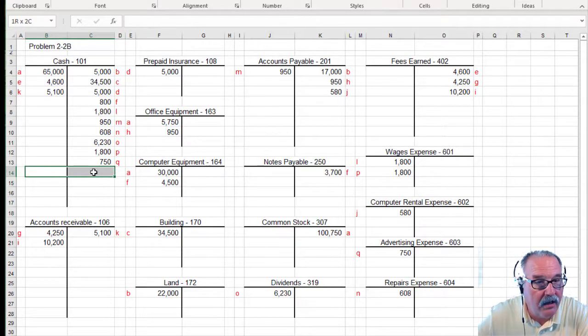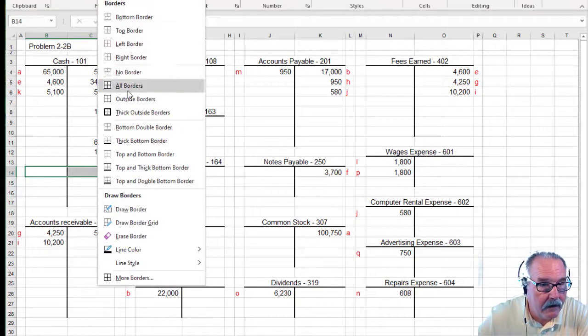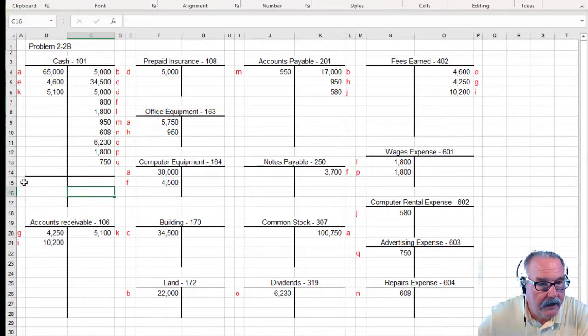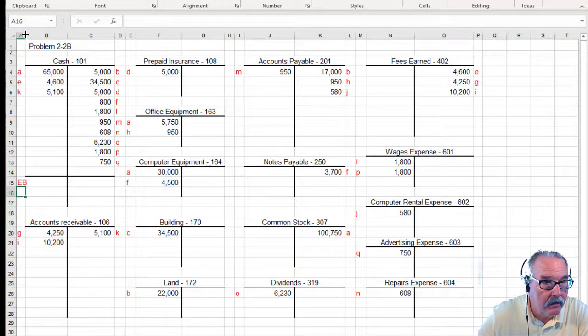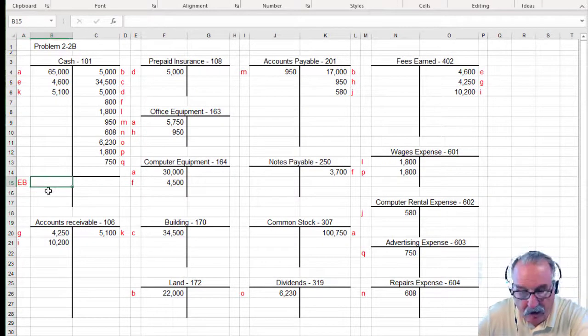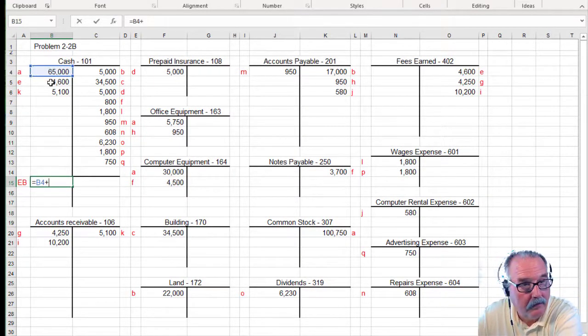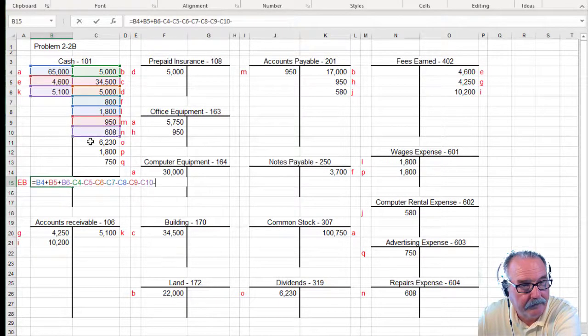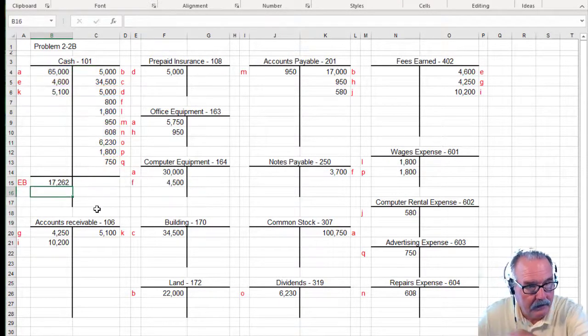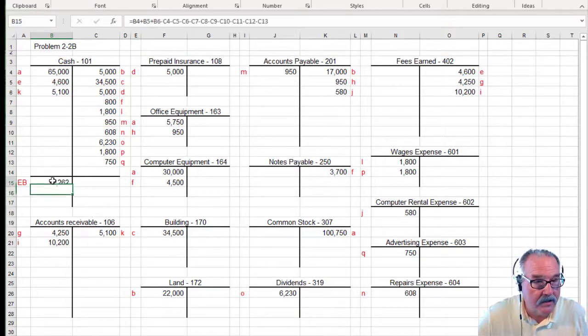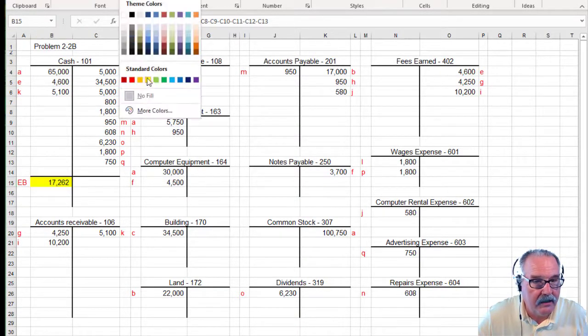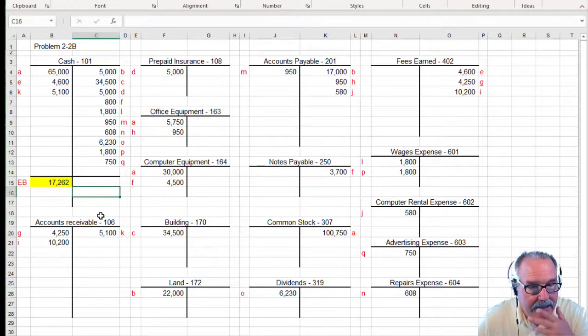I'm going to draw a line and then put EB for ending balance, and I'm going to add all the debits and subtract all the credits. $17,262, and I will shade it in yellow so that it's highlighted.